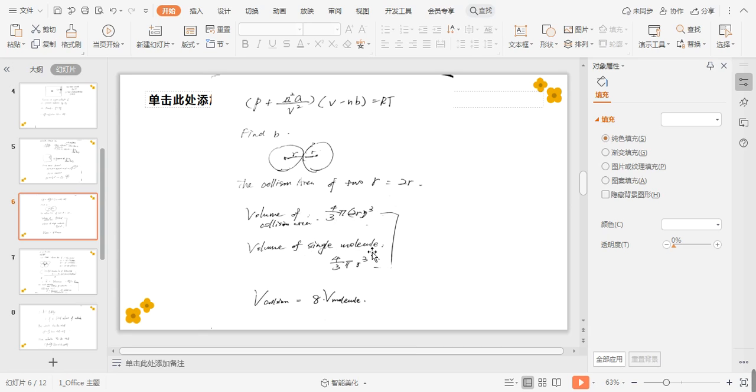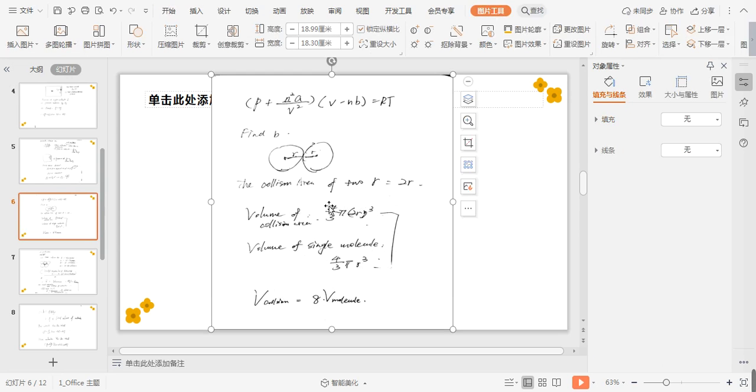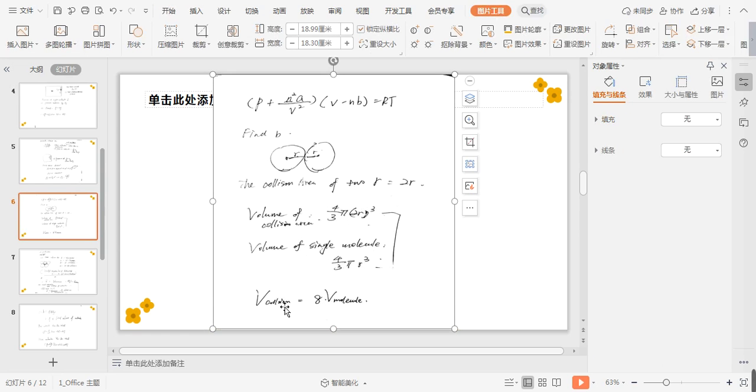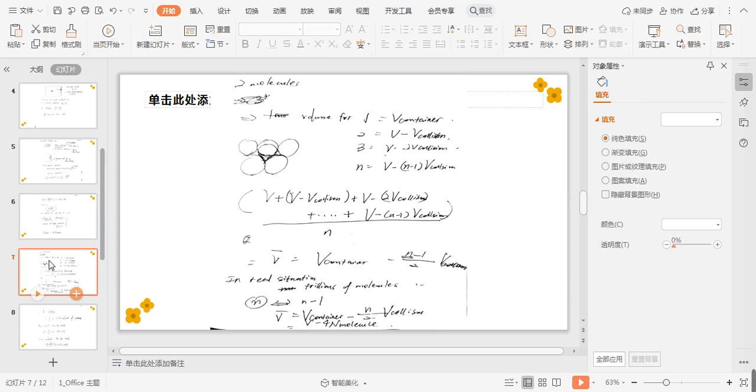We know the volume of a single molecule is 4/3 π r^3. From these two equations, we can find that V collision, the volume of collision, is equal to 8 times the volume of one molecule.